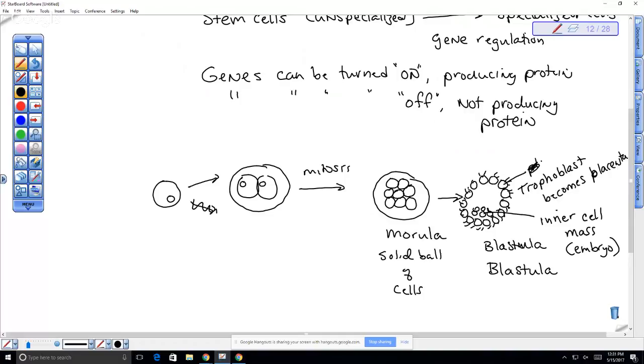So where the cells are located determines gene regulation, right? Because the outer cells are going to become the placenta, and the inner cells are going to be the inner cell mass. And remember we talked about how the embryo has 3 germ layers, the endoderm, ectoderm, and mesoderm, so that differentiates in here. So this is what implants in the uterus.